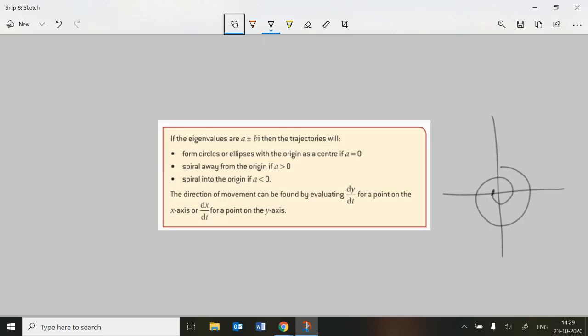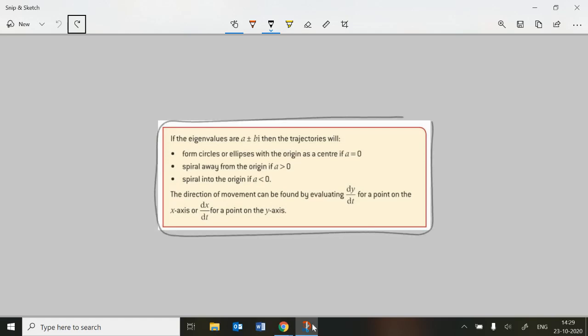So it's spiralling towards the origin if a is less than 0. And again, that's a little extension from the investigation once we've done the first part. So I'm not going to do all of the investigation, I will do some of it, but this is essentially what you need to know.